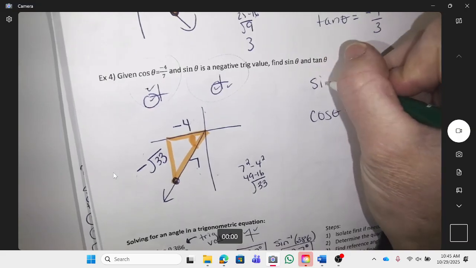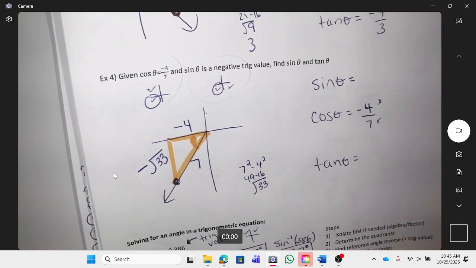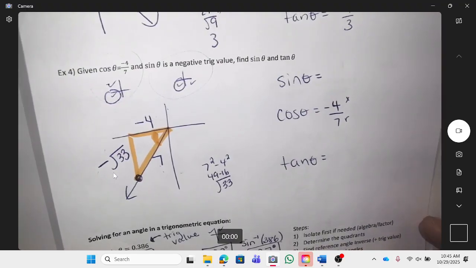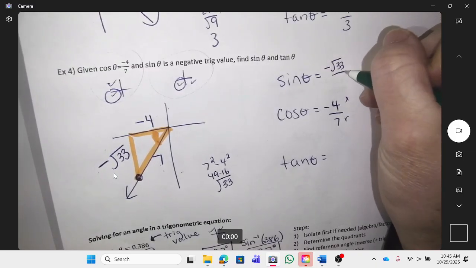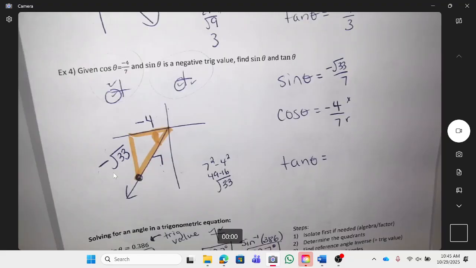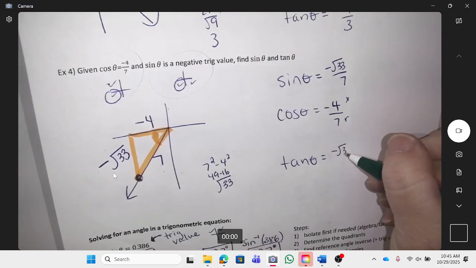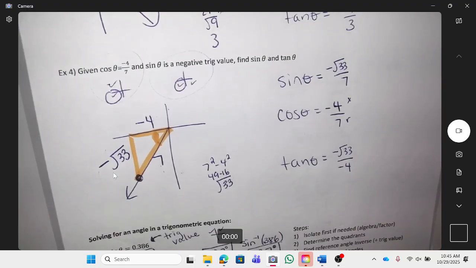Okay, so sine, tan, we need to figure them out. So sine is going to be the Y side over the R side. Tangent is the Y side divided by the X side.